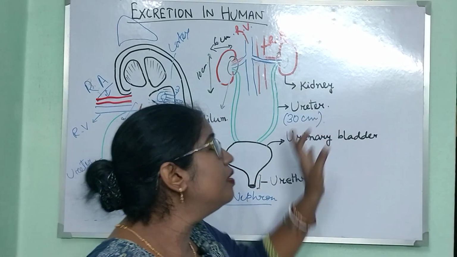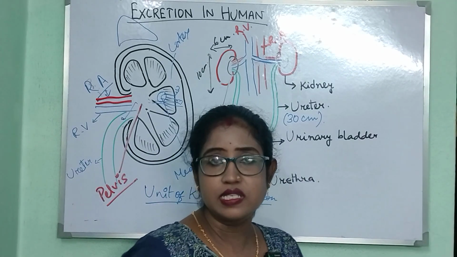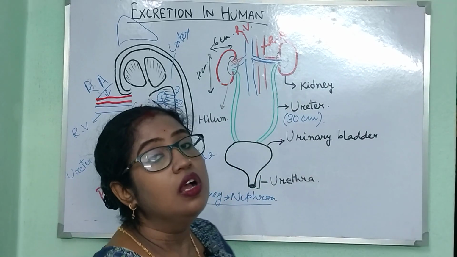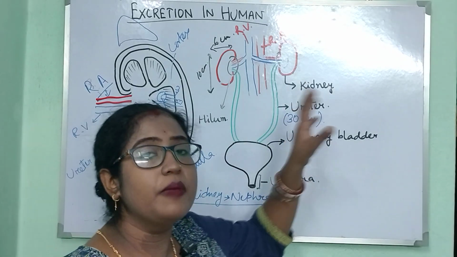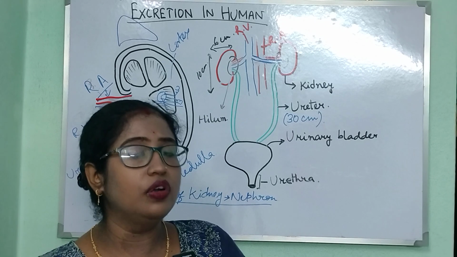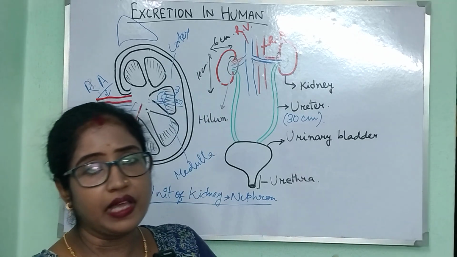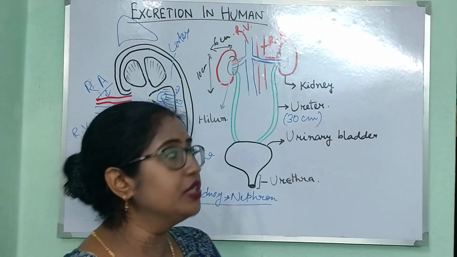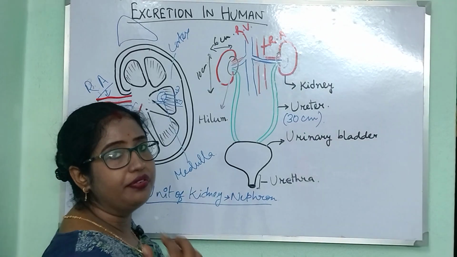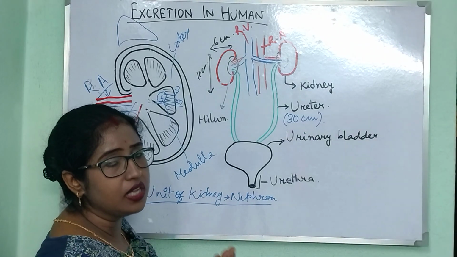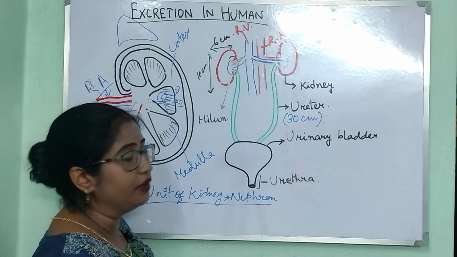The ureter is guarded by a special type of muscle that helps to maintain its peristaltic movement. We already discussed what peristaltic movement is in our alimentary canal session. So the ureter is guarded by specialized muscles to maintain the peristaltic movement of urine.